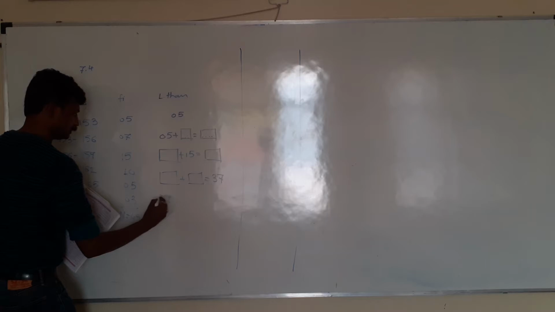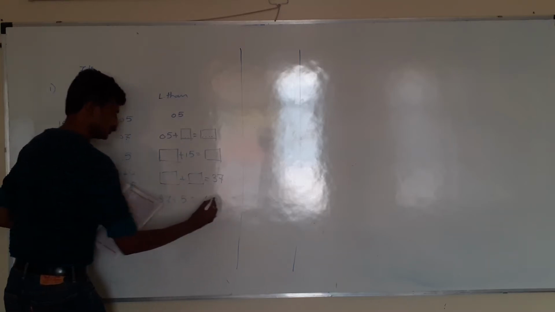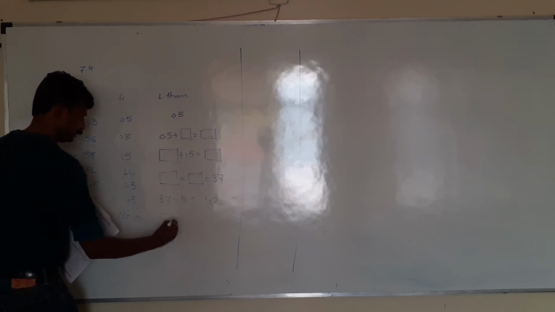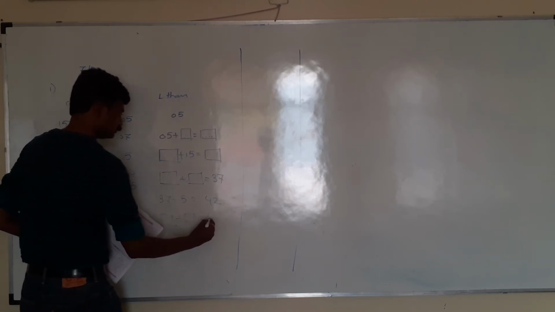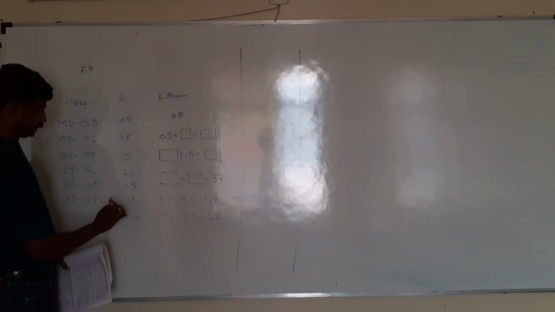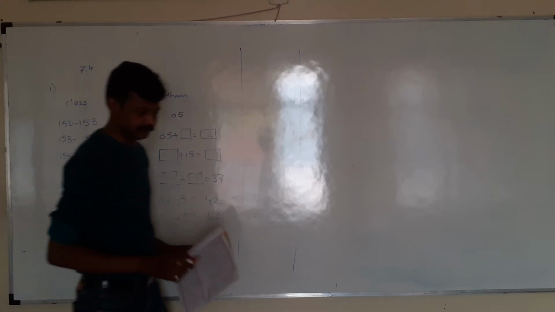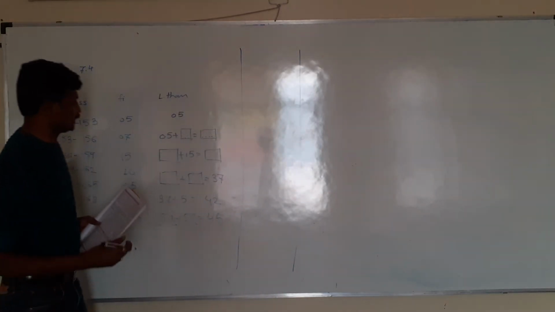Next is 37 plus 5 is equal to 42. And then next is box plus box is equal to 45. I think it is not in a proper line, but as the board is available, I am writing it.